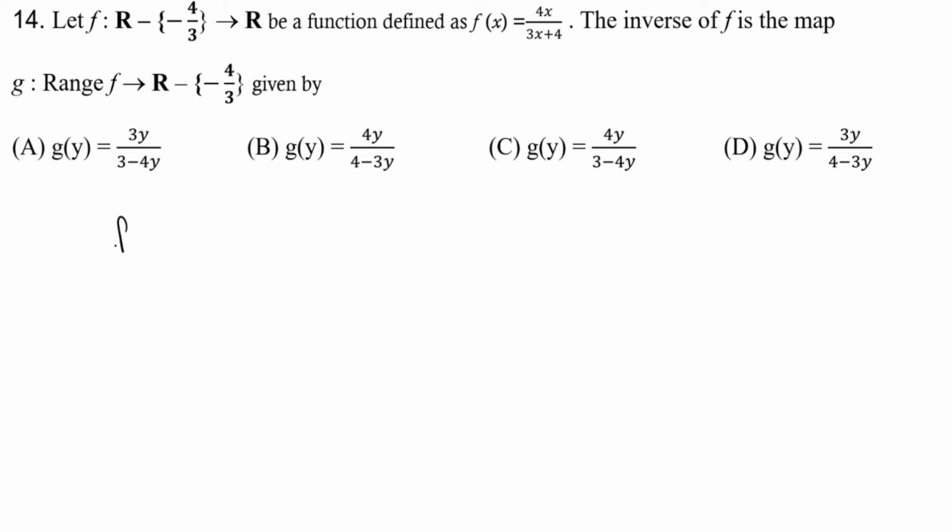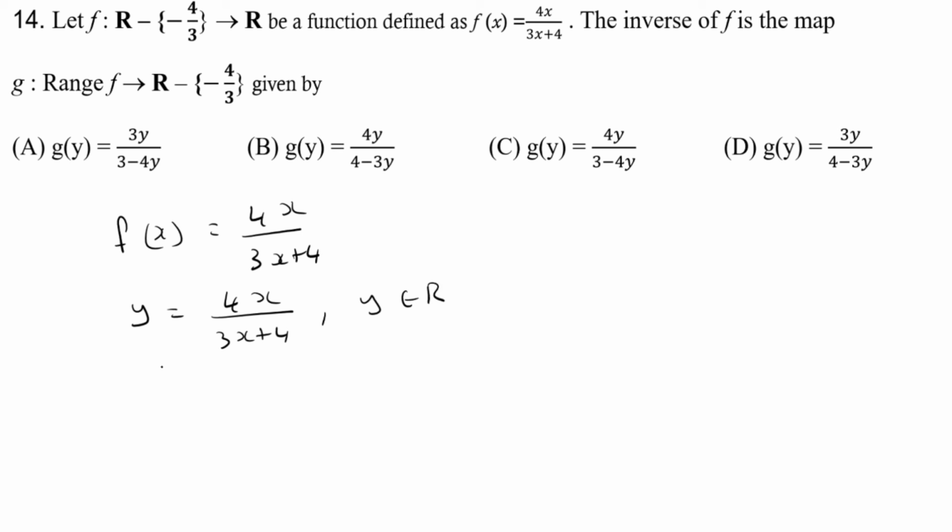So it is given f of x is equal to 4x by (3x plus 4). So y is equal to 4x by (3x plus 4), where y belongs to the codomain R. So let us cross multiply. We get 3xy plus 4y is equal to 4x, or 4y is equal to 4x minus 3xy.